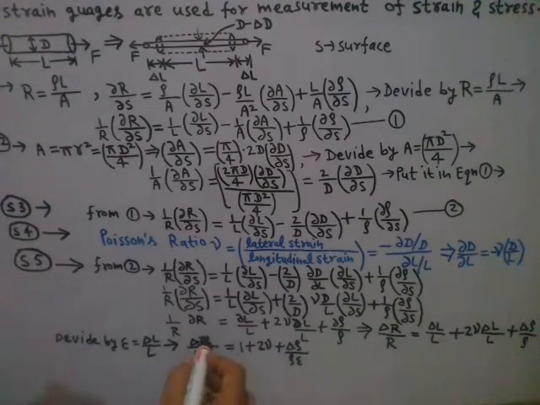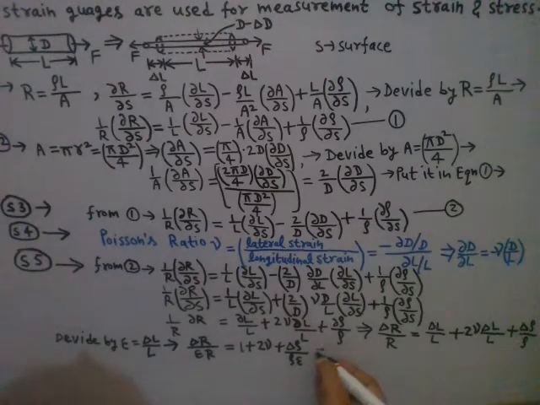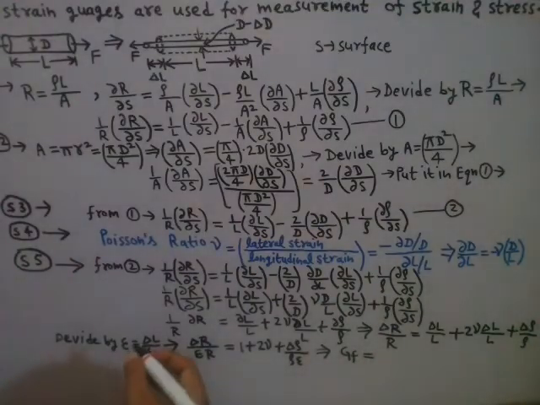Now I am representing this del R by epsilon R by another letter G suffix f, that is basically gauge factor. So it's a simple notation, gauge factor, G suffix f, that is basically delta R divided by R into epsilon.